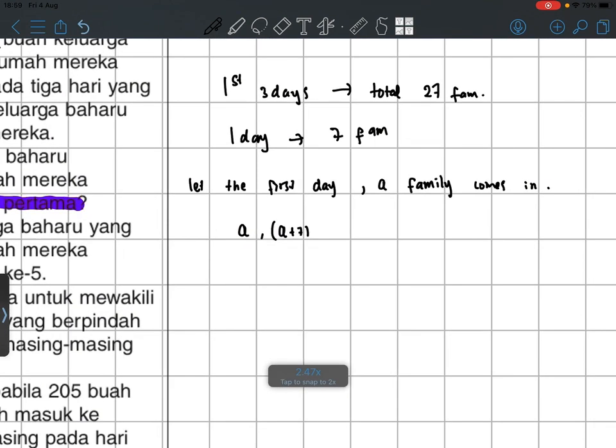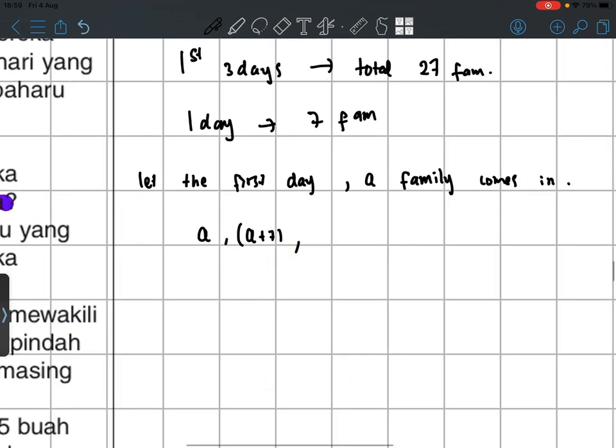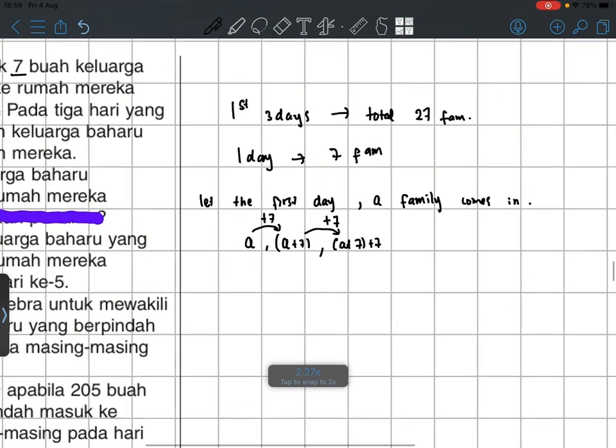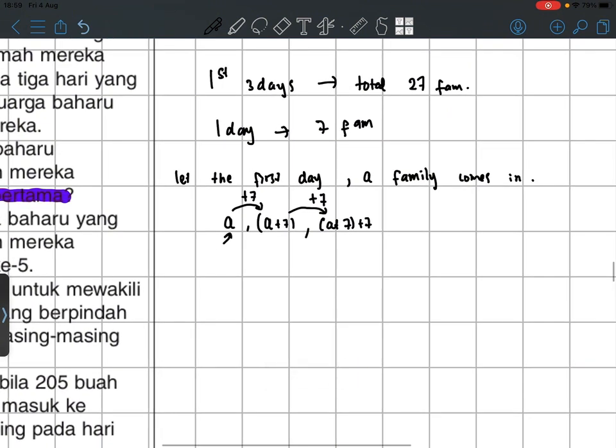So a plus 7, then a plus 7 plus 7, so we add 7 to the previous term. So I hope you can see. And the hint is the first 3 days, which means that this is the first day, this is the second day, and this is the third day.